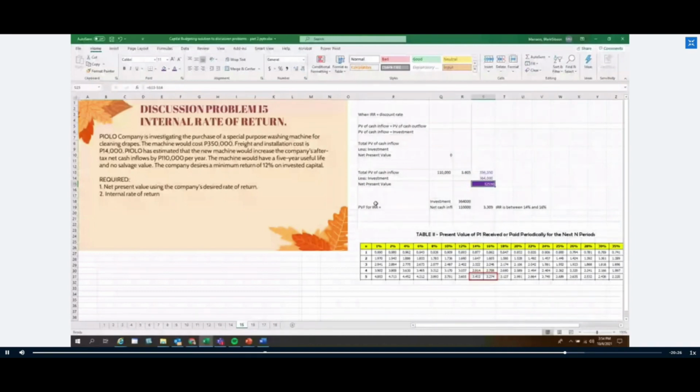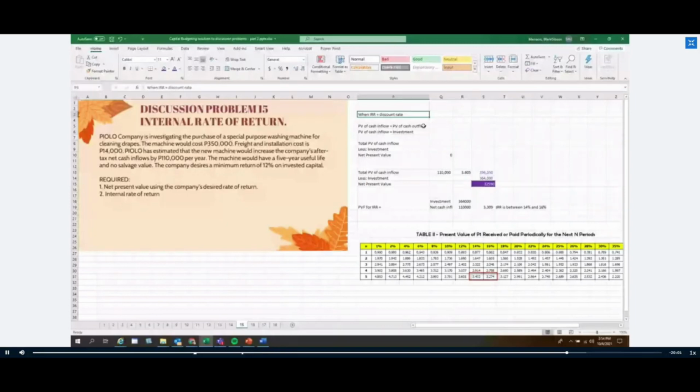Ngayon class, sabi, when the IRR is being used as the discount rate, diba, ulitin natin, pag daw ang internal rate of return is used as discount rate, the present value of cash inflow is equal to the present value of the cash outflow.